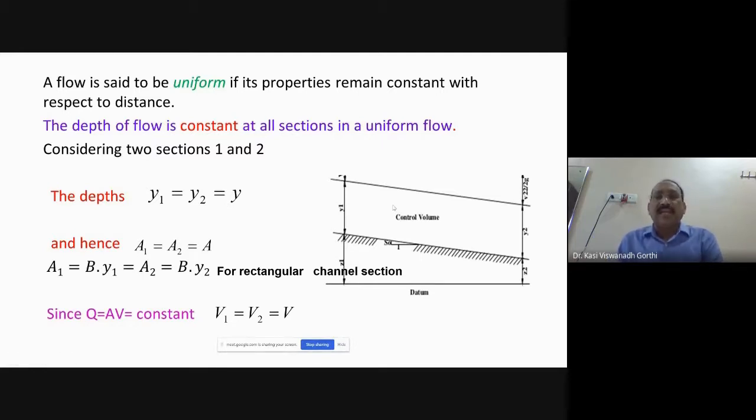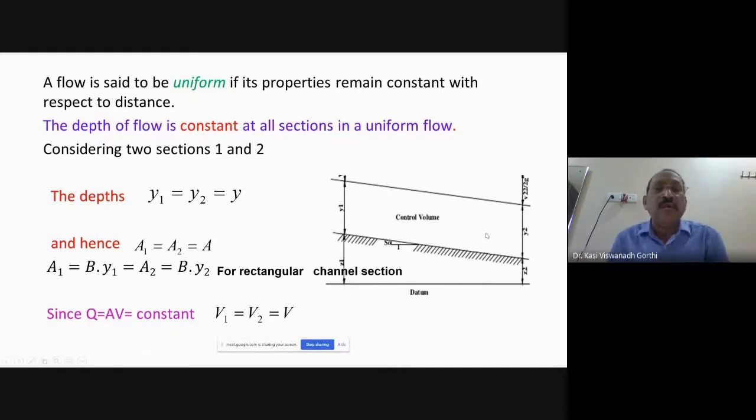So the properties remain constant with respect to the distance. There is a distance L from section 1 to section 2 in the uniform flow, which is shown in the figure. So if the depth of flow at section 1, y1, is equal to the depth of flow at section 2, y2, then the flow becomes uniform.